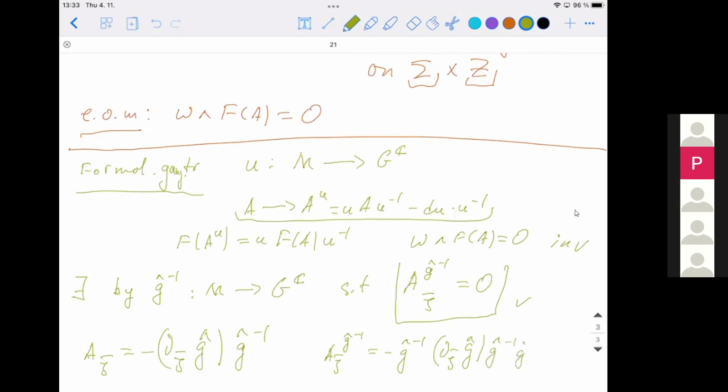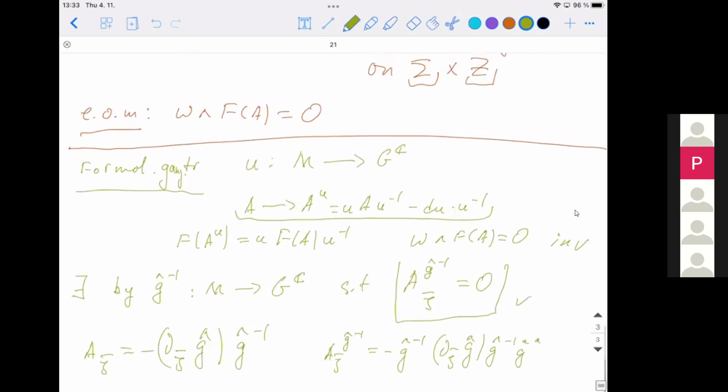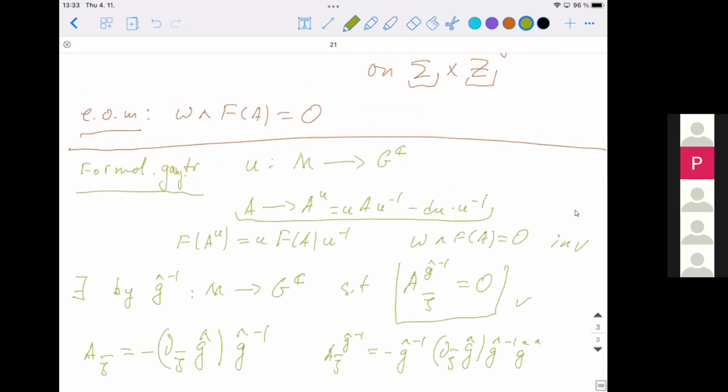Yeah, you're just mentioning the form of pure gauge, right? Yeah, it's pure gauge. So it will be just 0. So I don't have to write it.